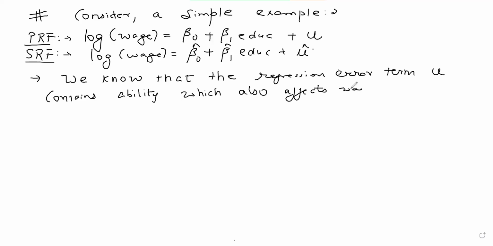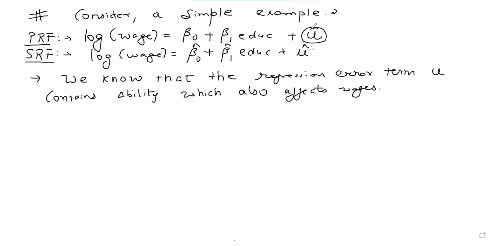All students will agree with me on this. You can clearly see a person's ability to do work also determines the wages. A person who is more able to do work will be expected to get higher wages. But I have not captured ability in the model. Since I have not taken ability as a variable explicitly, it's a part of my disturbance term or error term.